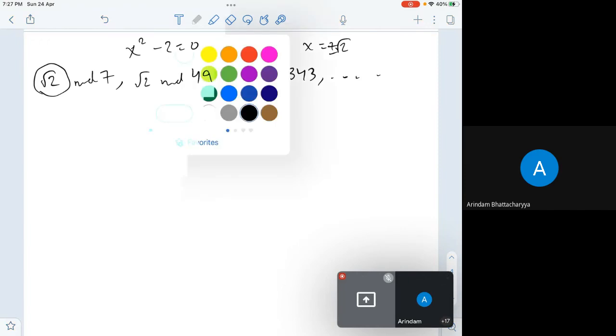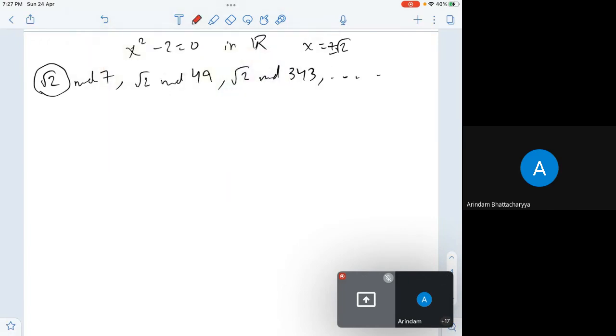So what we can do is, can you solve for this? I want an x such that x squared minus 2 is 0 mod 7.